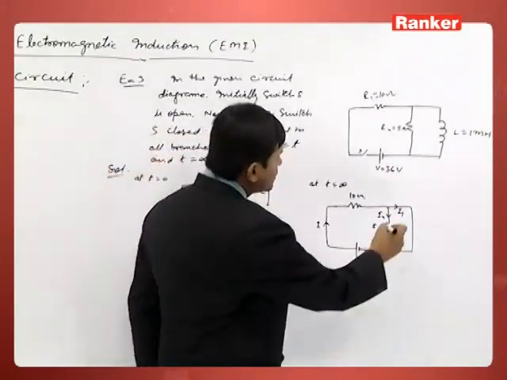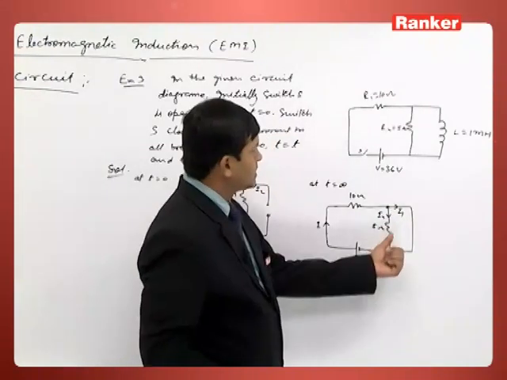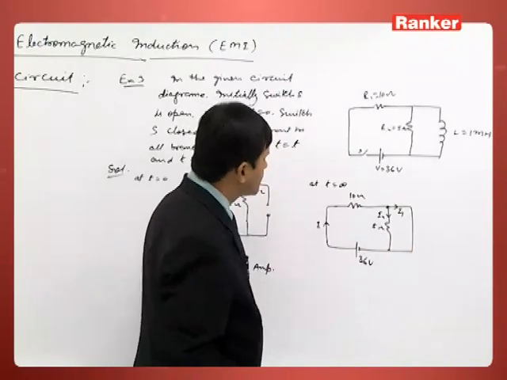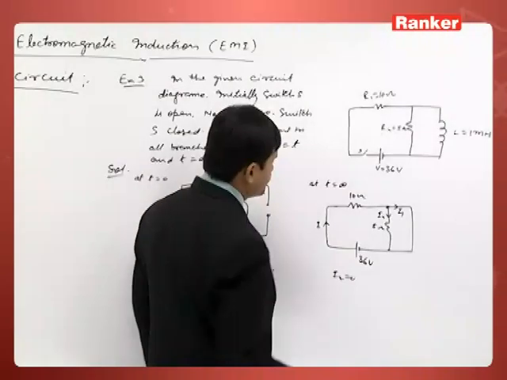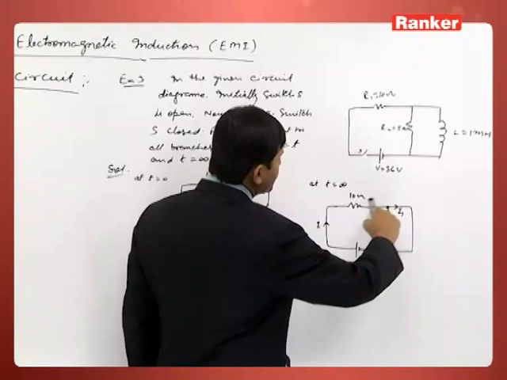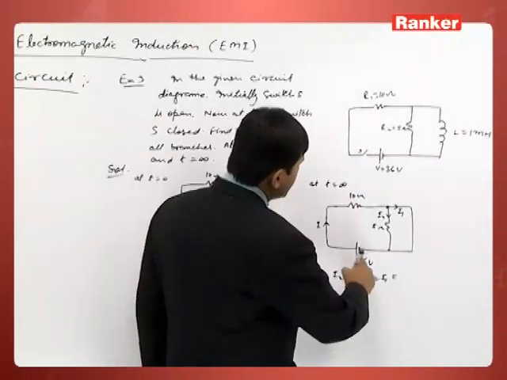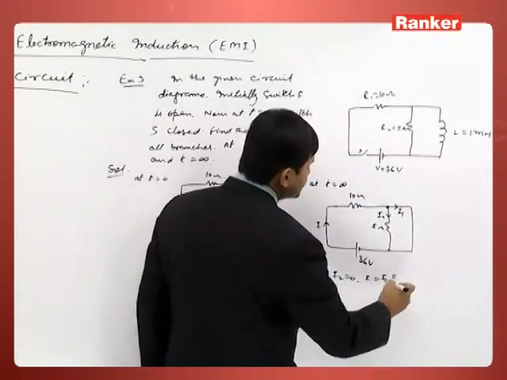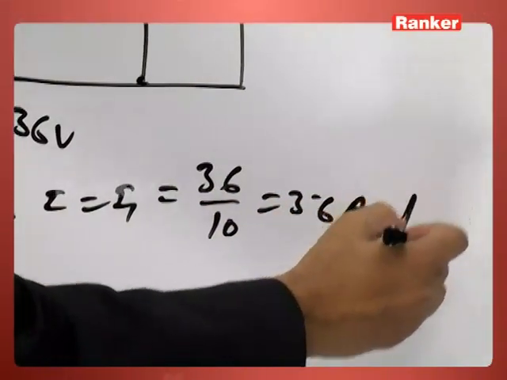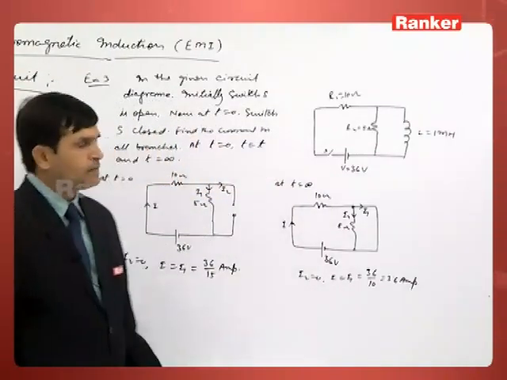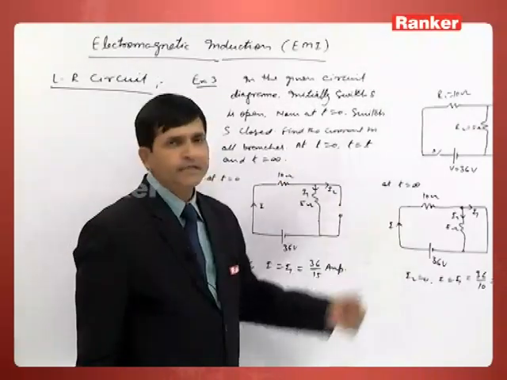Then see here, in this loop, between these 2 points, those 2 points are the same points, there is no current because potential difference across the resistor here is 0. So I2 is 0. If no current here, all the current will go through here. Then I is equal to I1, which is equal to 36 by the total resistance of the circuit, 10, so 3.6 ampere. So it is a very easy way to make the diagram at t equal to 0 and t equal to infinity.